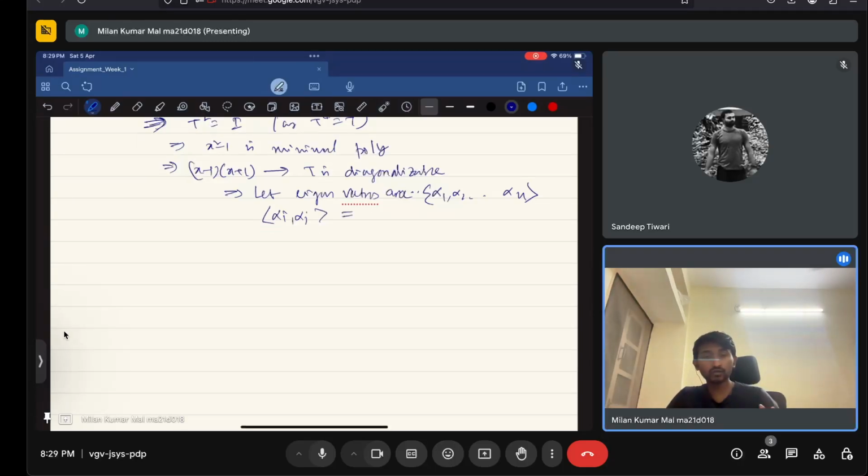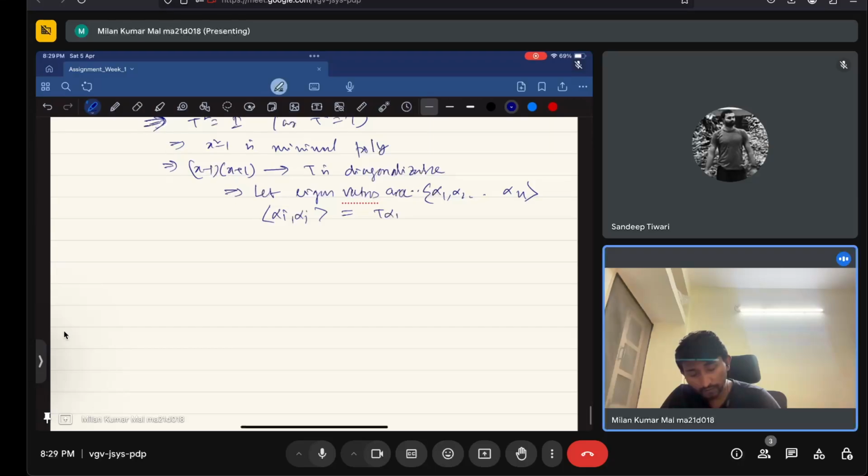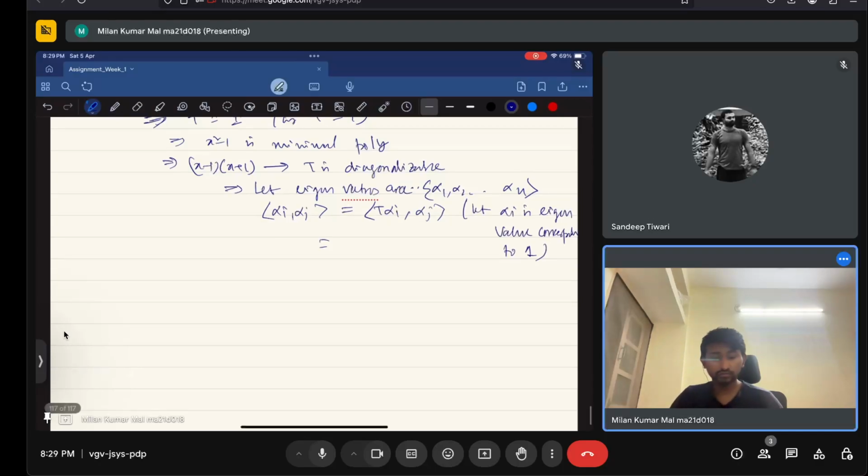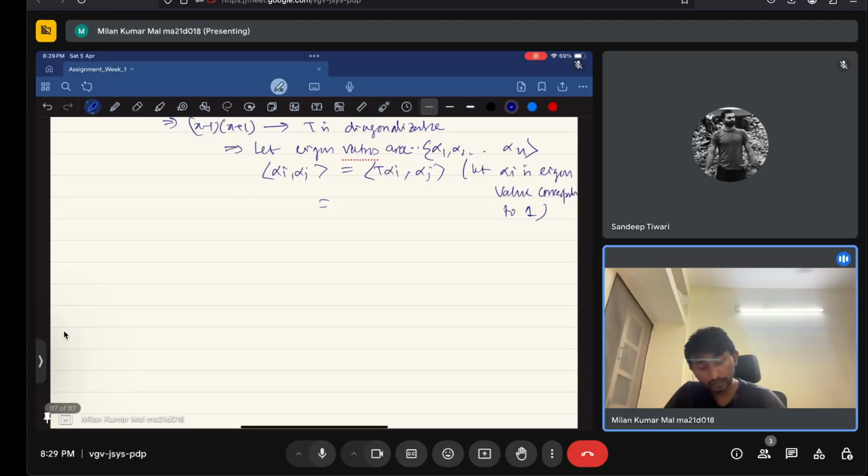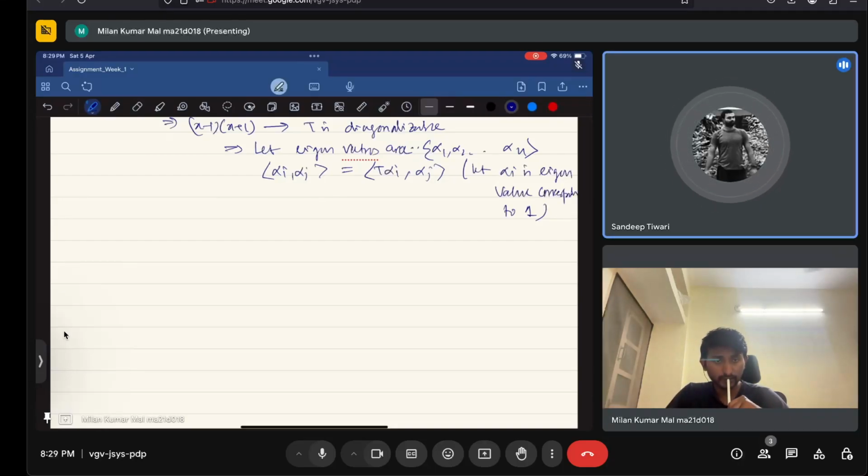Either they correspond to 1 or to minus 1. Let alpha i correspond to eigenvalue 1. Then T of alpha i, alpha j, and there are four cases.